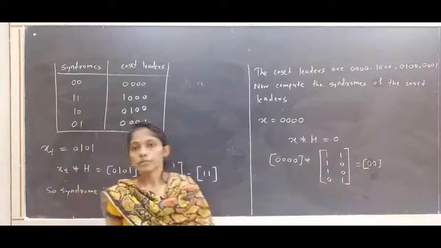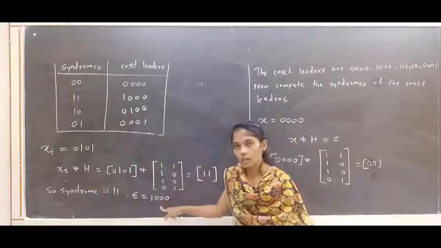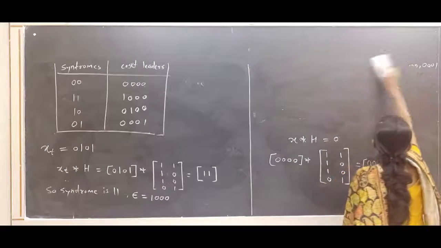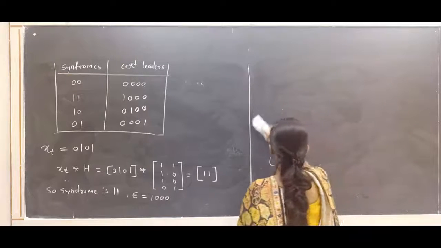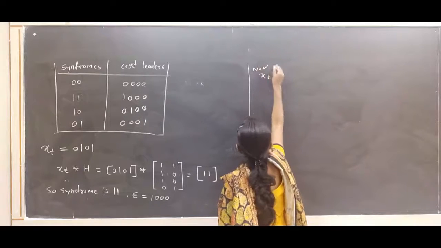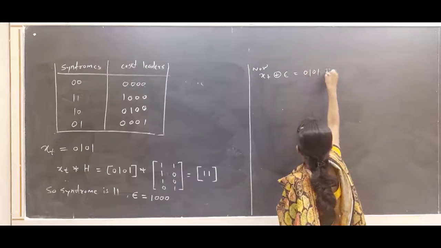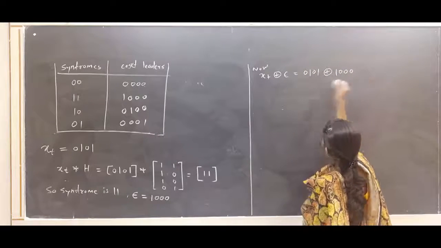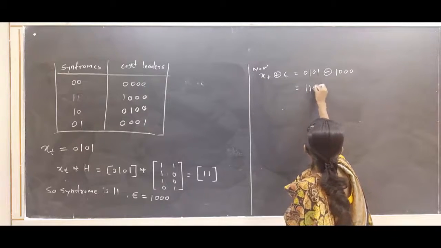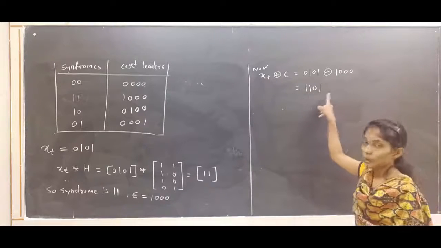So here we find the ring sum of xt with this epsilon. xt ring sum epsilon equals 0 1 0 1 ring sum 1 0 0 0. So here we get 1 1 0 1.